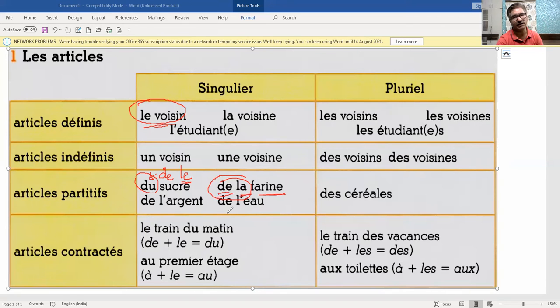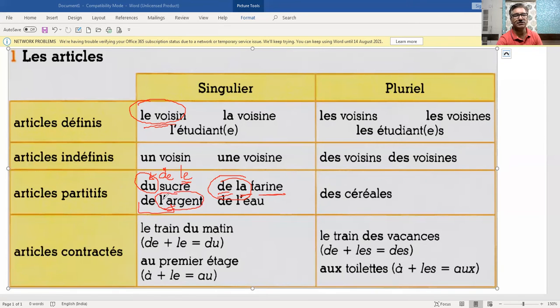De la farine. And the nouns beginning with a vowel sound, de l'argent. Here also, we do not combine together, but we remove the E or A of la.